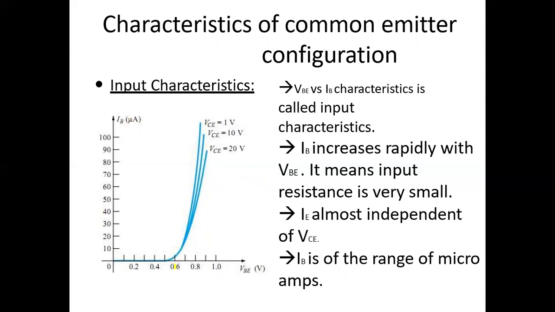It means input resistance is very small, and here IB is almost independent of the collector emitter circuit, and IB is in the range of microamperes.